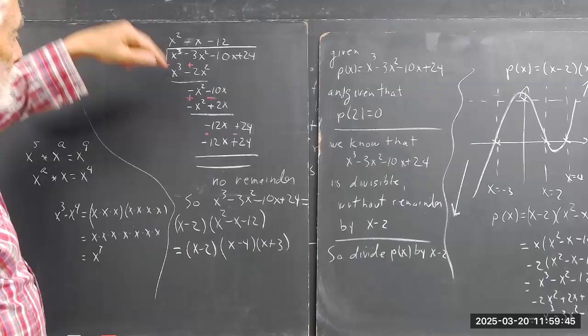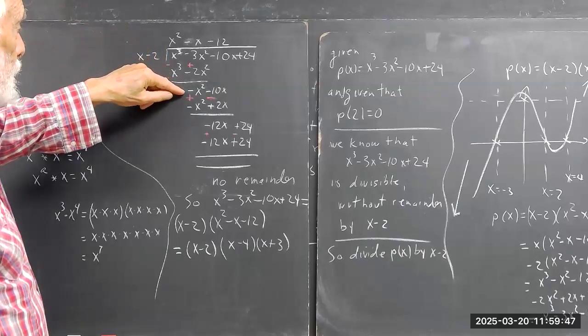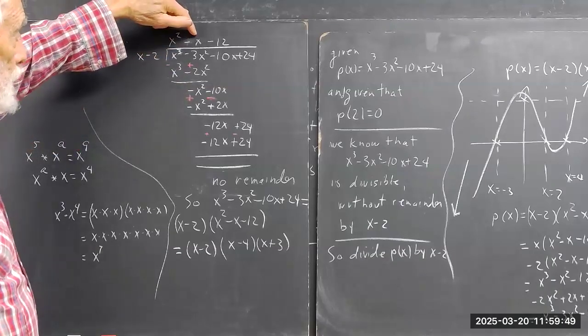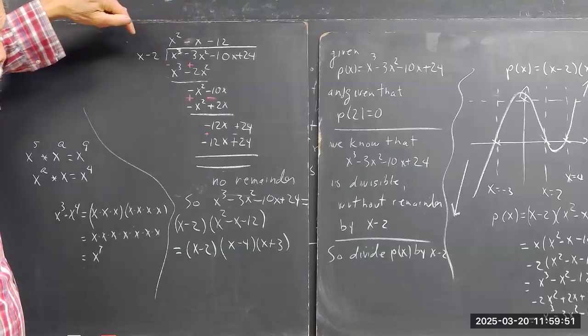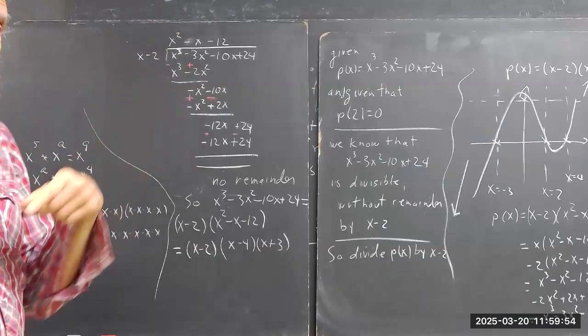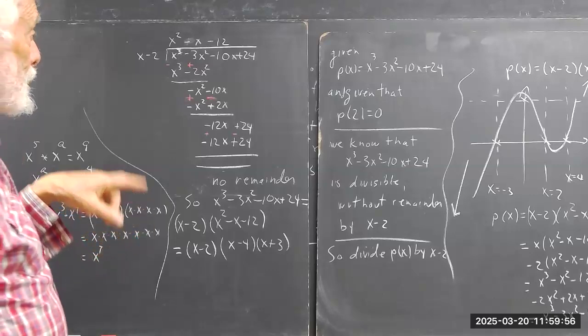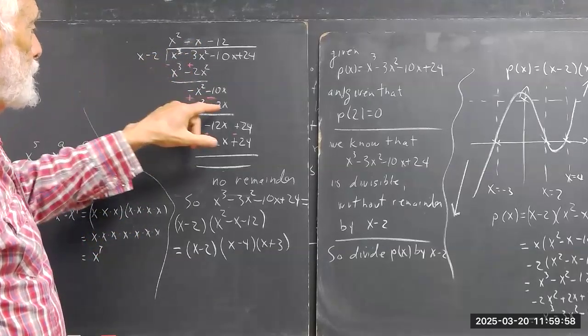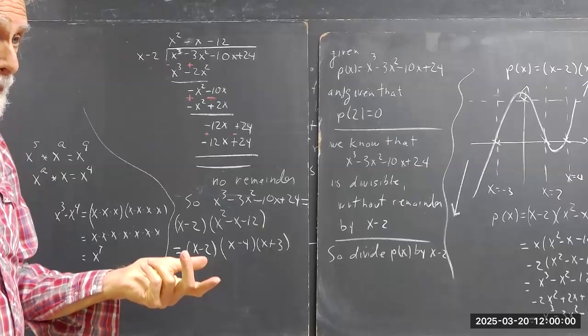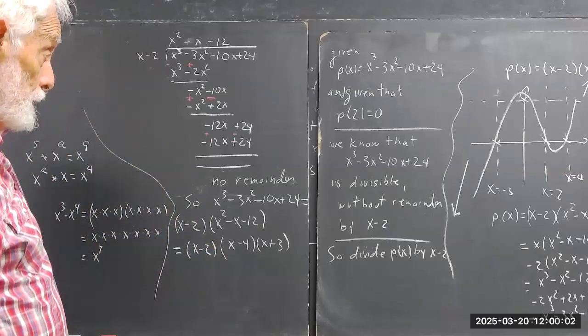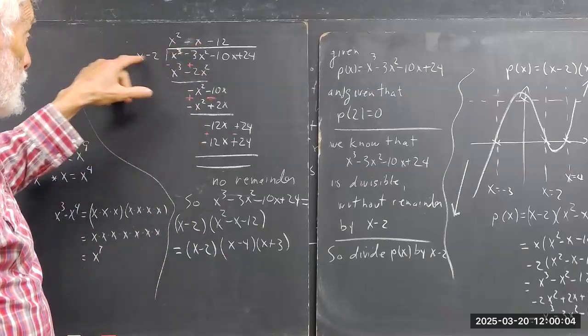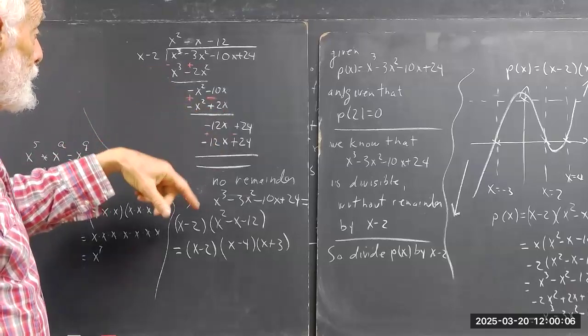How am I going to get it? Well, how do I get a -x squared? I put a -x up here. -x times x gives me my -x squared, and then -x times -2 also gives me 2x. So the mechanics is I just multiply this by this and write it down here.